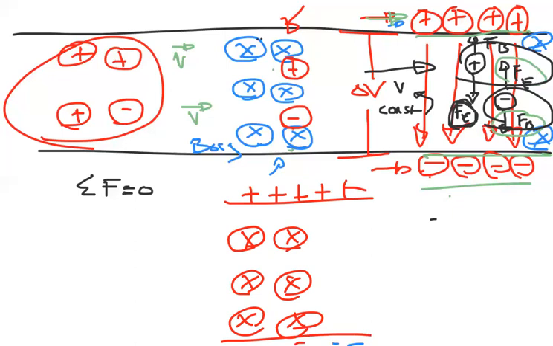So we set up situations like this, and then the charge that we send through here is going to move at a constant velocity because there's this electric field and magnetic field here that are essentially causing this balance in force. And then we can choose the speed that we want.